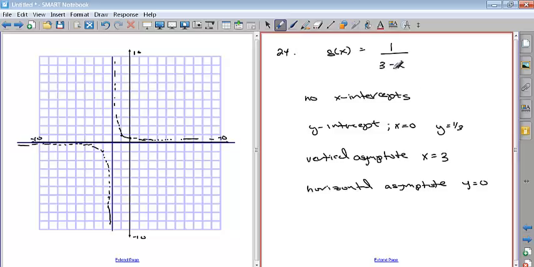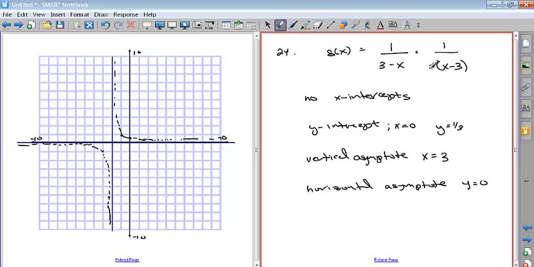Now what does this negative thing do? Well, you can kind of think of it as 1 over negative the quantity x minus 3. So what that's telling you is that the parent function should be shifted to the right 3 units.